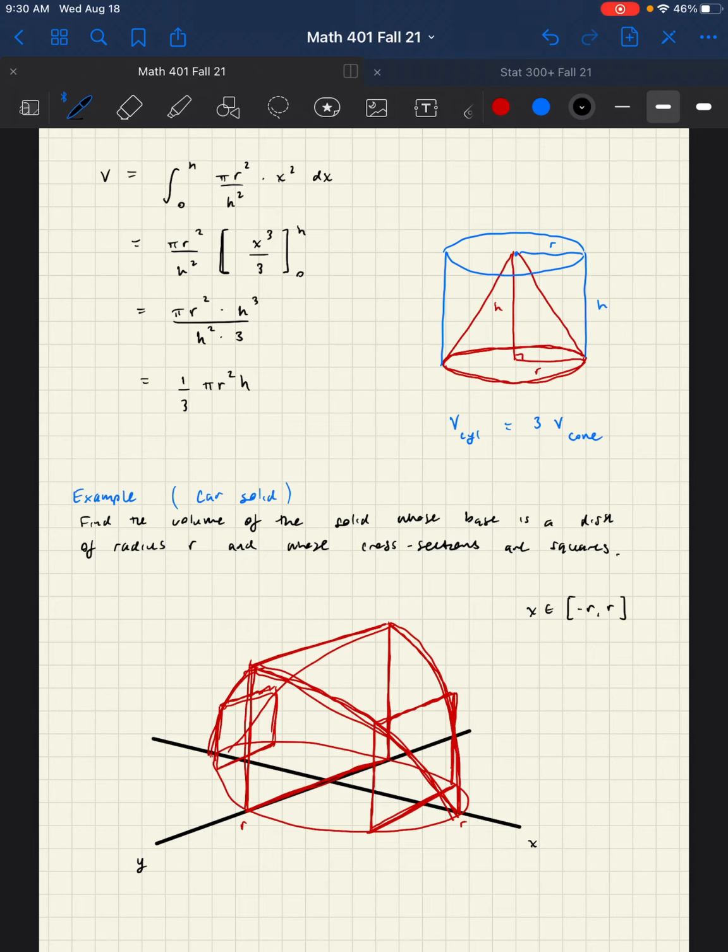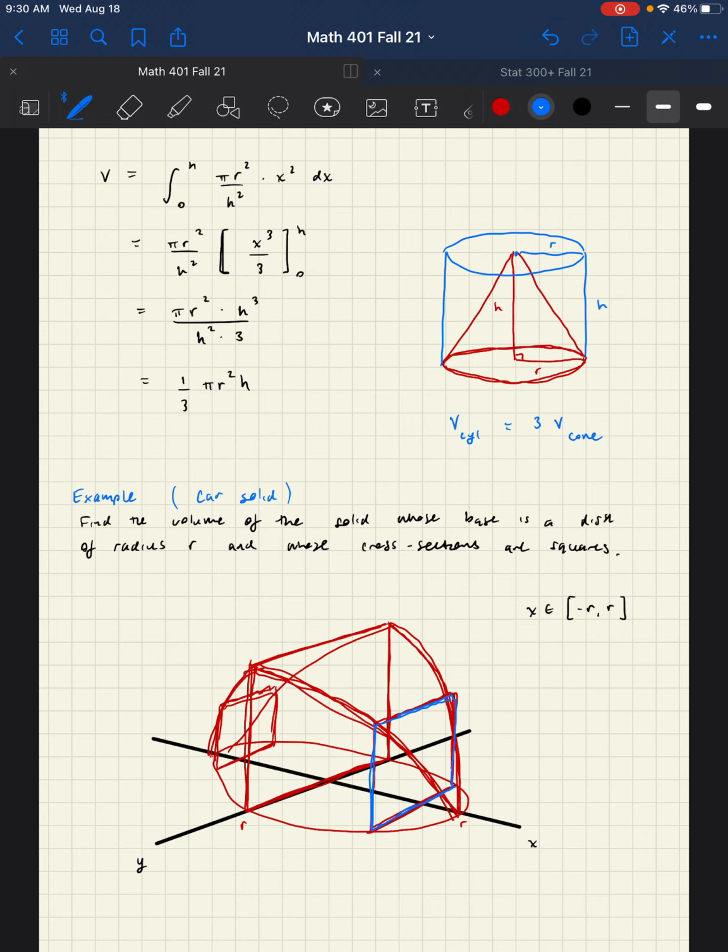Now, we may not want to work directly like this. We may want to just look at just the positive side of the x-axis, and then remember that there's some symmetry going on, and so we're going to end up multiplying by 2. That's up to us. But for now, let's just go with that, so from negative r to r.